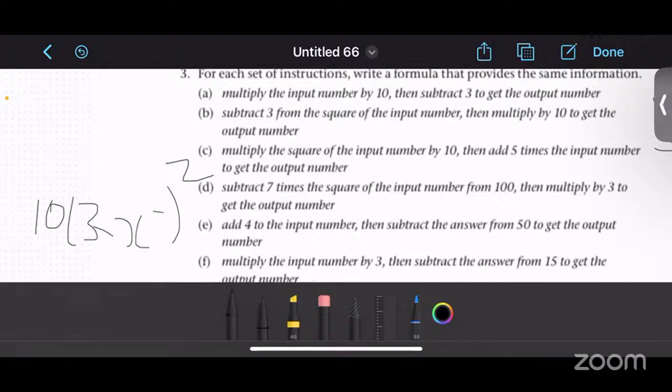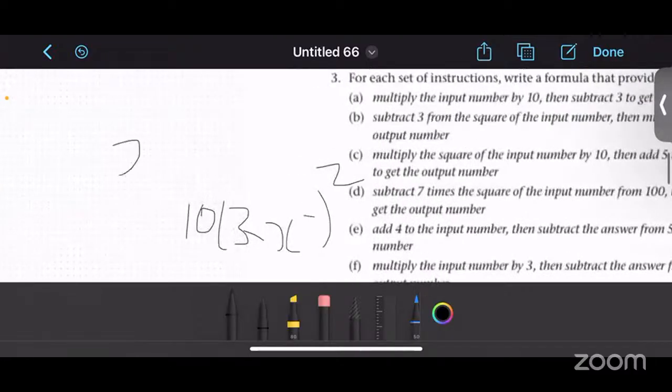Good. So Nangileke is saying subtract 3 from the square of the input number. So we are subtracting 3 from something, so it's going to be whatever thing minus 3, because the 3 is being subtracted from the square of the input number. We said the square of the input number is x to the power of 2. So it's going to be minus 3.